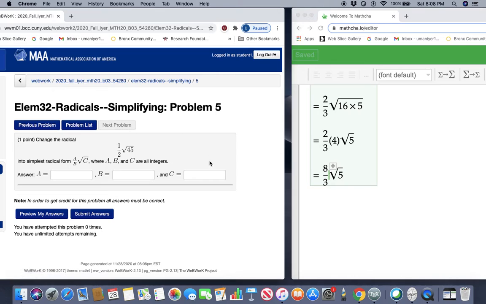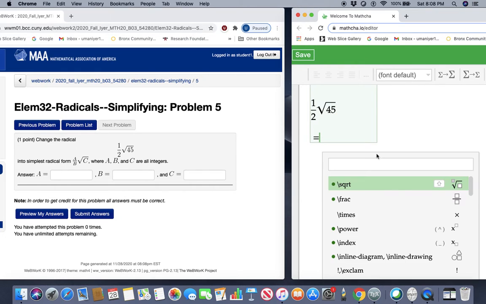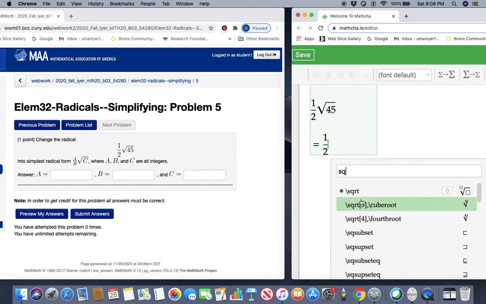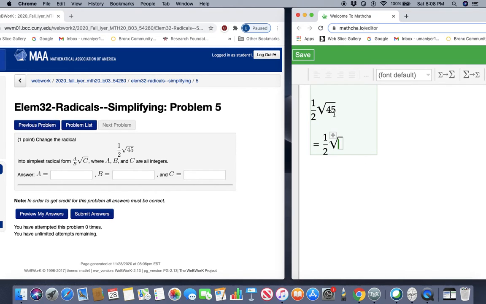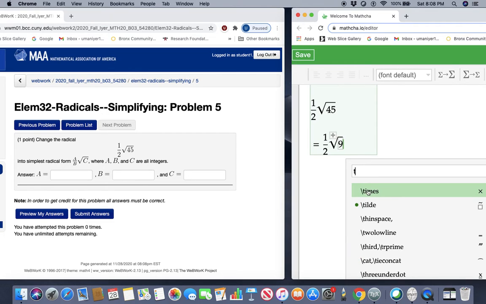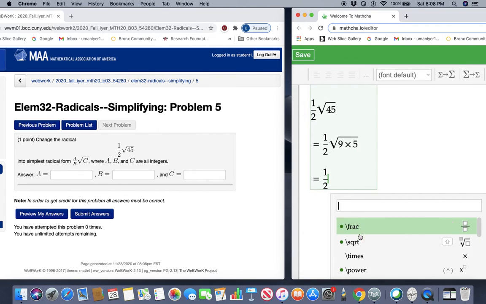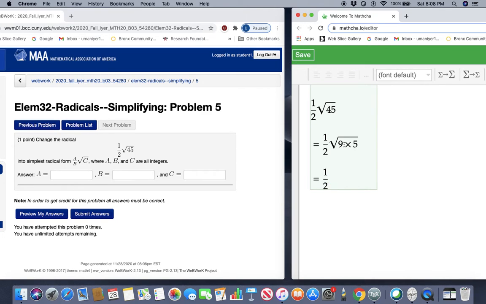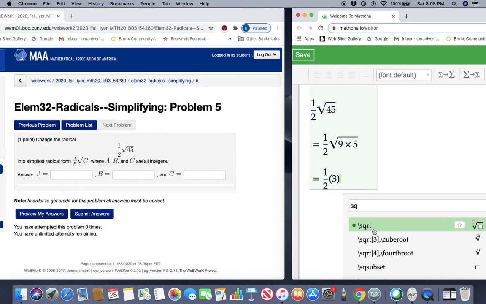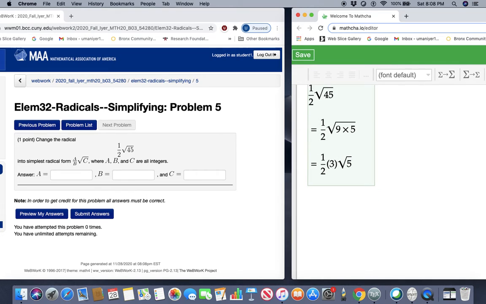Next problem. 1 over 2 square root 45. It's a fraction. 1 over 2 square root 45. So that is the same as fraction 1 over 2 square root of, what is 45? I want a perfect square first. 9 times 5. That equals fraction 1 over 2 times square root 9, which is 3, and square root 5 I cannot simplify anymore.